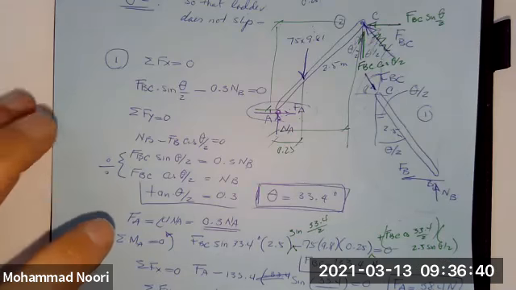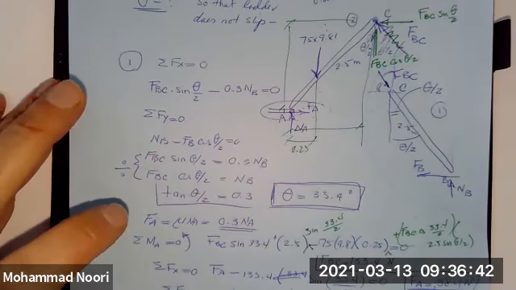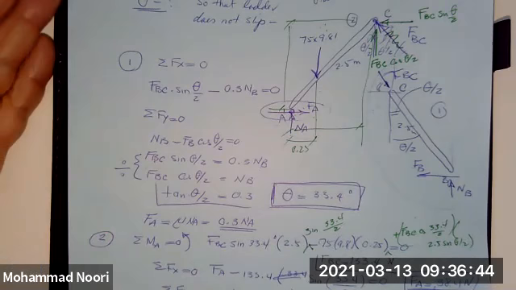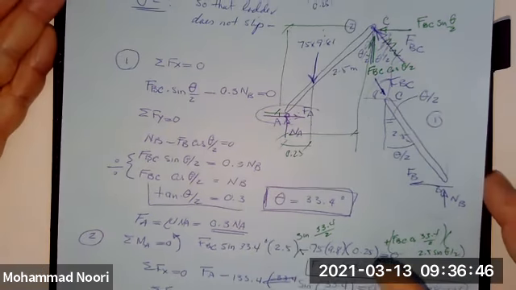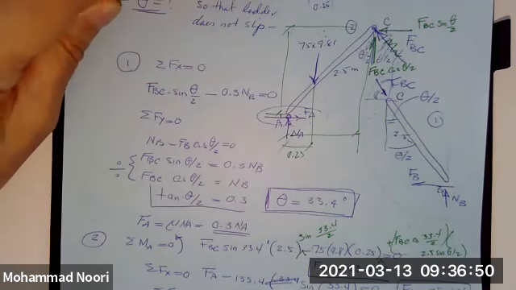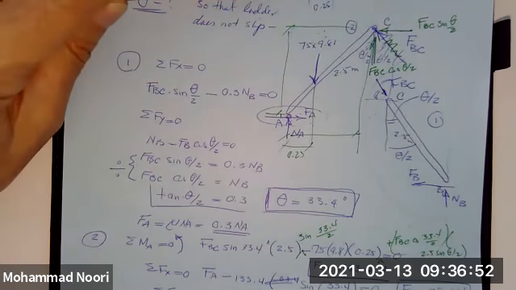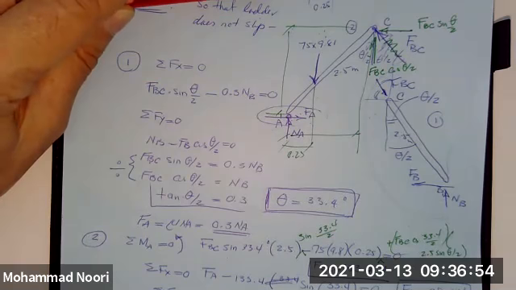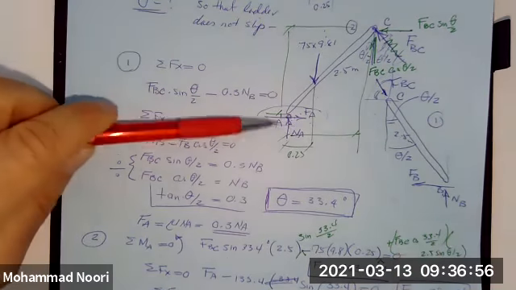All right. So this is a good problem of the second type, where you want this to stay in equilibrium, but you do not know if the friction force required to keep this in equilibrium is adequate at this point.